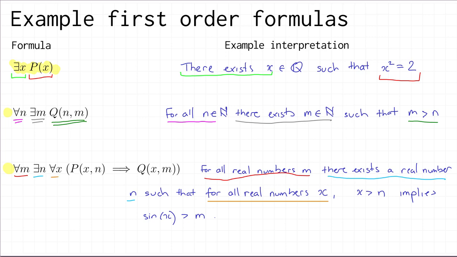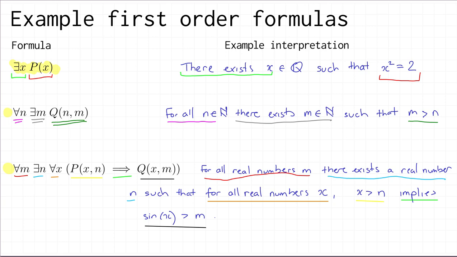Then we have x being greater than n. That's the interpretation of the two-variable relation P. So we're interpreting the two-variable relation P of x, n as being x is greater than n. We then had a logical connective. The logical connective was implies, which we just put into words, and finally our two-variable relation Q of x, m got interpreted as meaning that sine of x was greater than m.